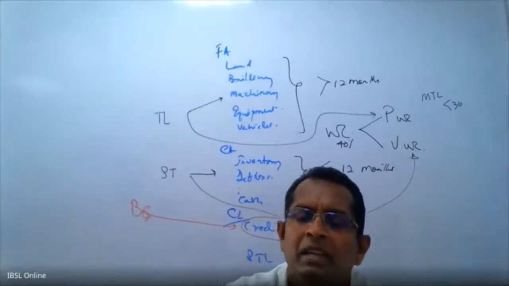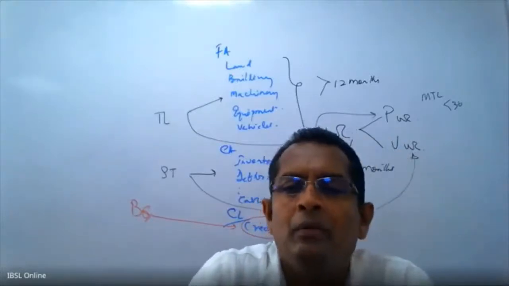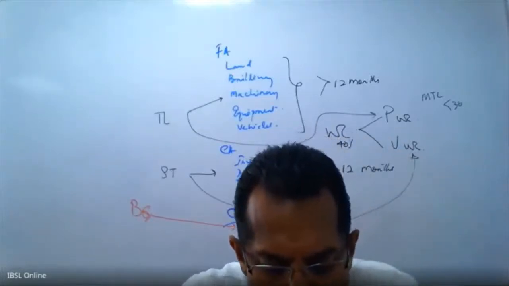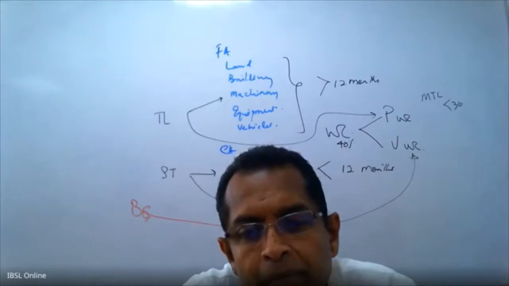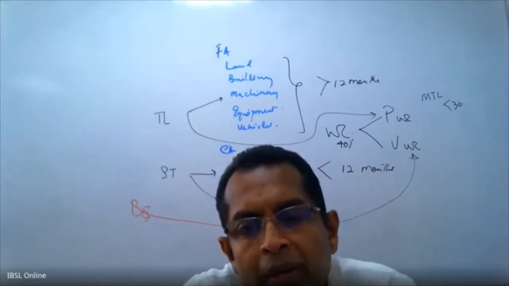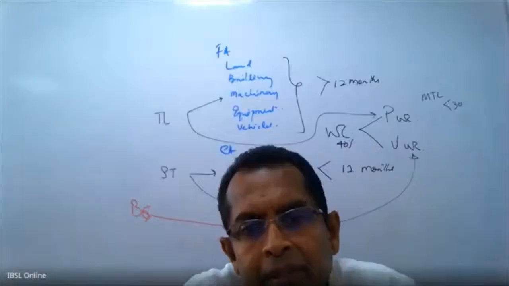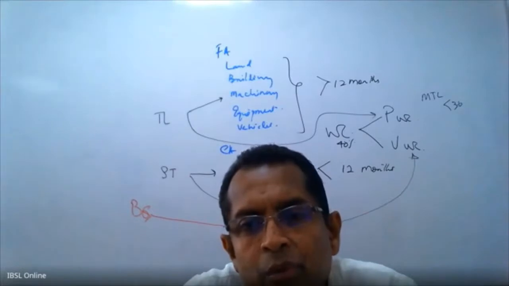Can someone tell me? The chat box is open, you can text. Debt service cover ratio? Yes, debt service cover ratio. Can someone else tell me how to calculate DSCR?